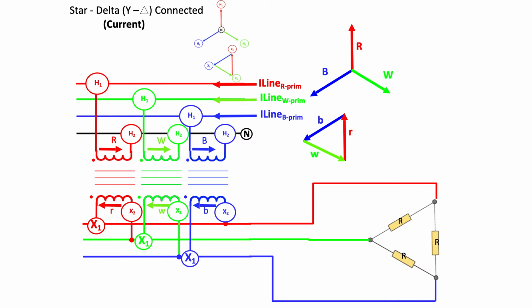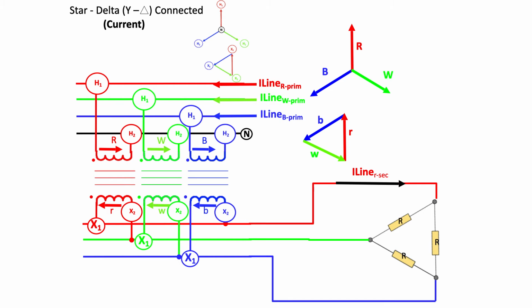I would now like to figure out what the currents are that are flowing in the line to the load. And I'm going to start with the red phase line secondary current. And if you go back to the transformer, you'll see it's connected in two places. It's connected to the X1 terminal of the red transformer and is connected to the X2 terminal of the blue phase transformer.